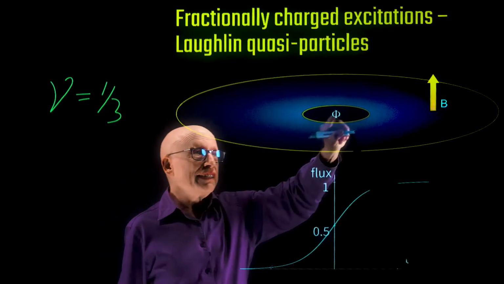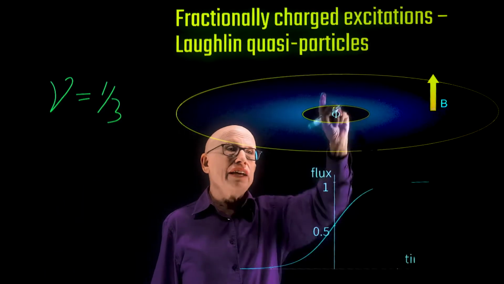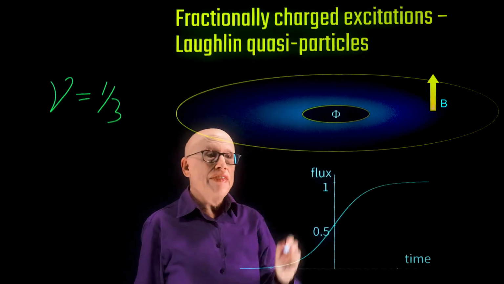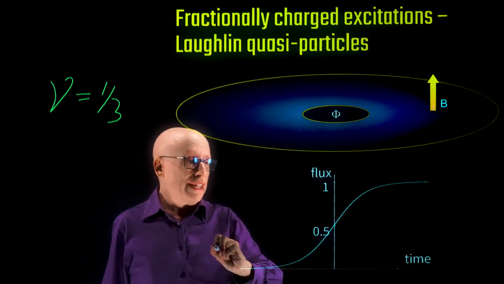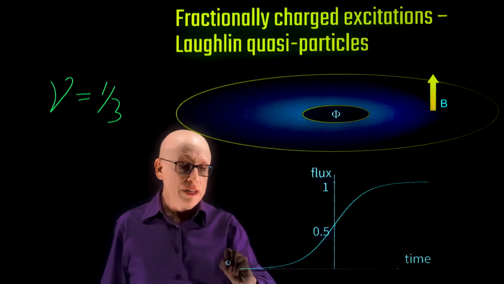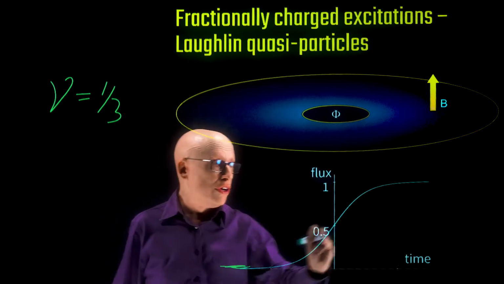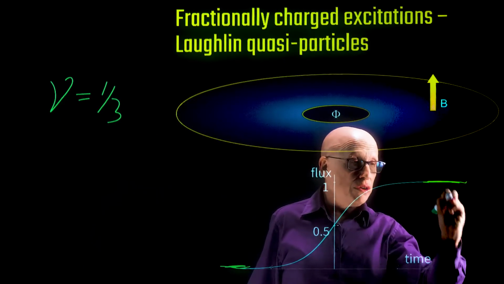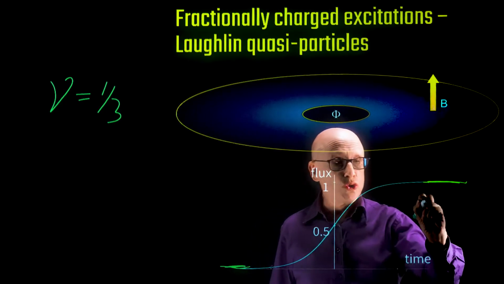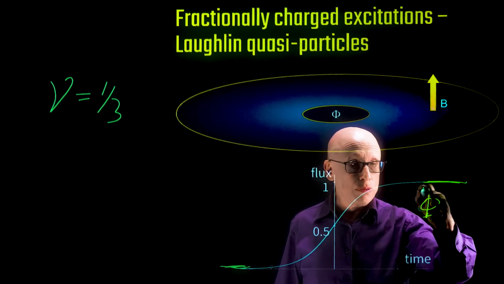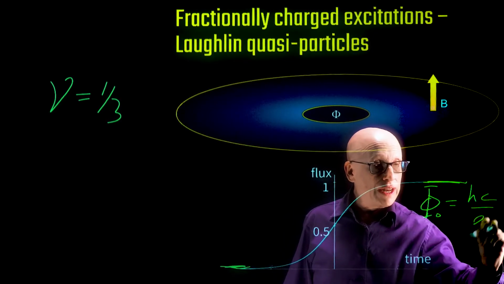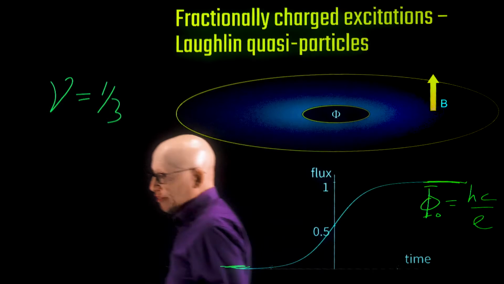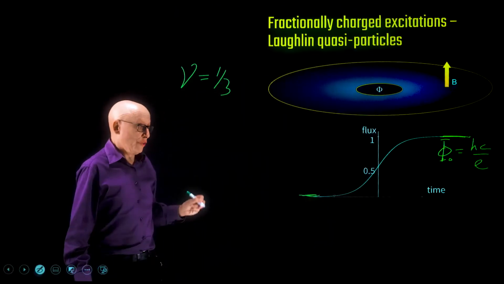And on top of the disk, there's also a flux threading the hole inside the disk, and that flux is going to be a major tool for us. We are going to change that flux in time, starting from a value of 0 and ending at a final value, which eventually we're going to choose to be the flux quantum phi naught, which is hc over e. We will elaborate on the meaning of that value of the flux later on.